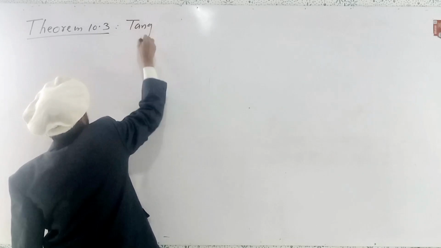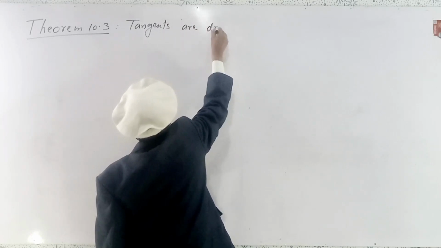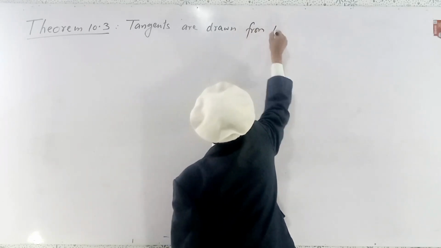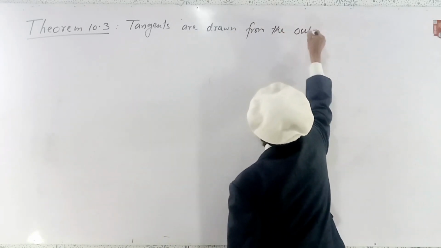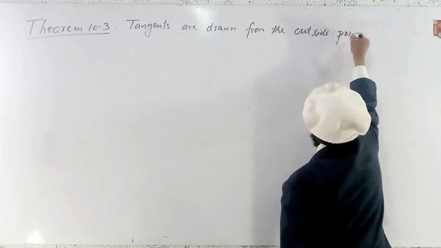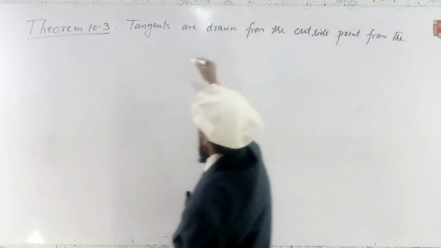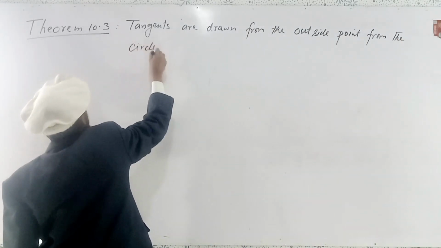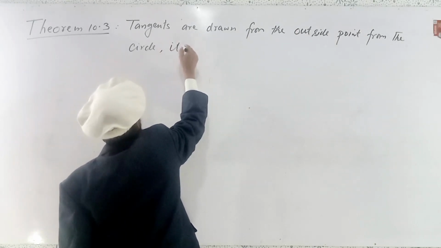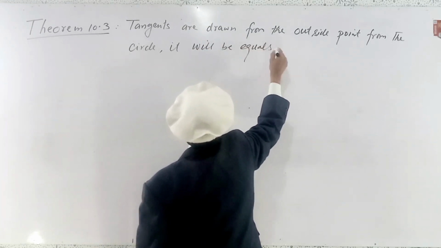Tangents are drawn from the outside point to the circle, they will be equal in length.